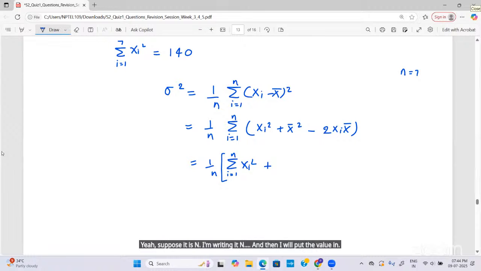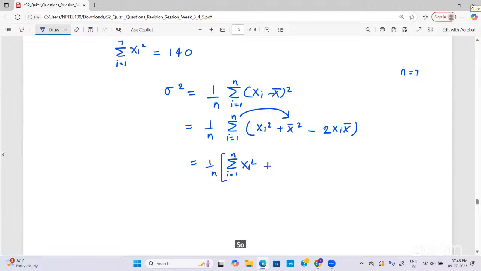What should be the second term? Summation of x bar square. Since x bar is a constant, it should be n times x bar square, right? Because x bar is a fixed value. It is not varying, so we just have to add it n times.